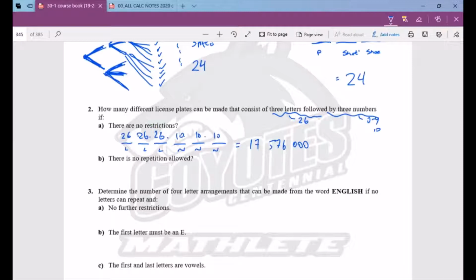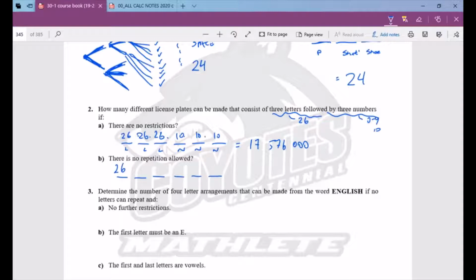Now, when we talk about restrictions, that will often be one of the first wrenches that we throw into these questions. If there's no repetitions allowed, it's still going to be letter, letter, letter, number, number, number. And we still have 26 choices to make for that first letter.